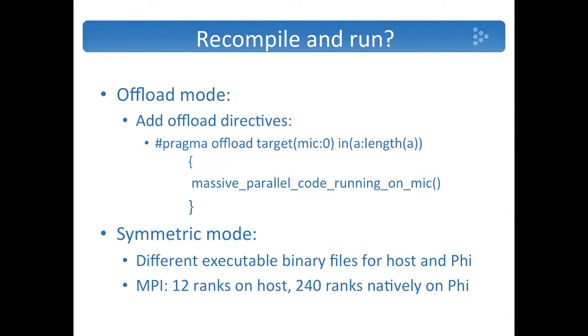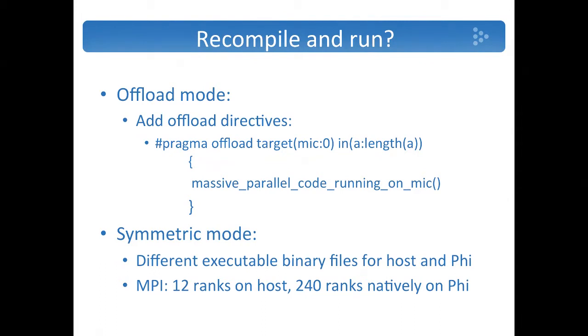That means you have to read and write this array on Xeon Phi, and after that you just put your code, I mean massively parallel code, running on the MIC, running on the Xeon Phi. It's quite simple and easy for you to add some directives into your code and make it run on Xeon Phi.